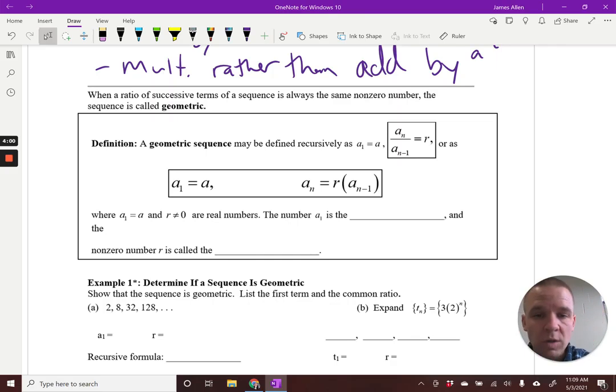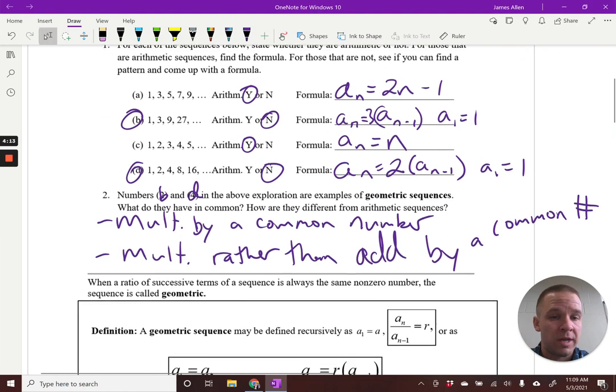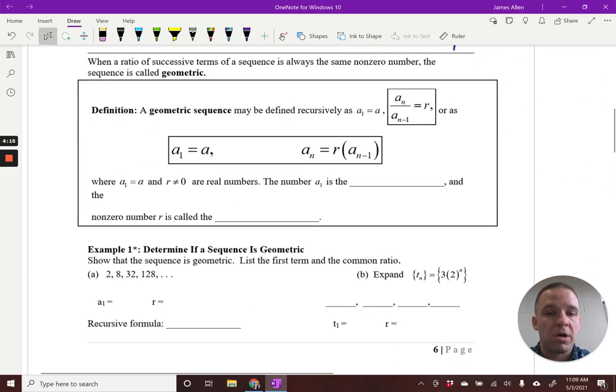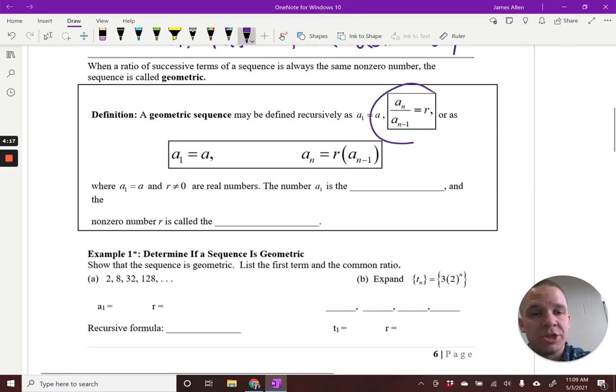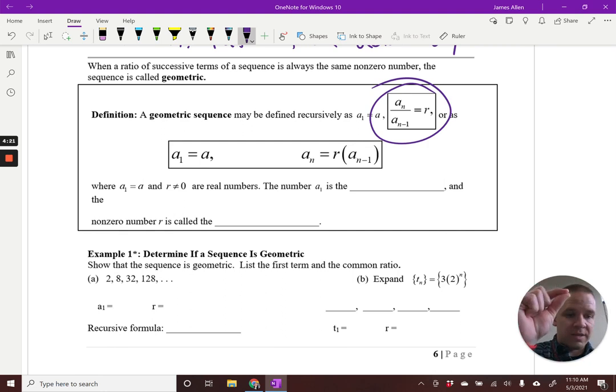So we can define it recursively by a sub 1 is equal to a, our first term, some number a, and a sub n is equal to the common ratio, like we had in the previous ones where they were 3 and then 2, multiplied by the previous term. Now that common ratio is calculated by taking a term and dividing by the previous one, okay?